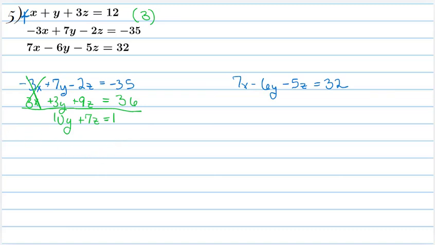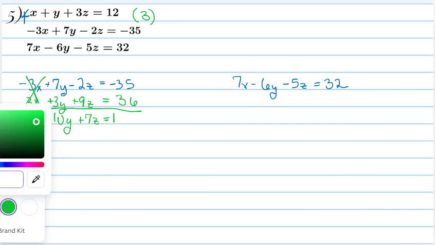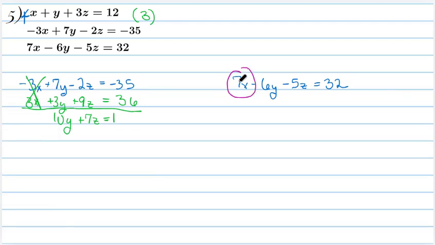Now let's look at the other equation. And so this time we're trying to cancel out x, but our x is 7. So I need to multiply that first equation by -7 in order to cancel it, because we need it to be the same number, opposite signs.